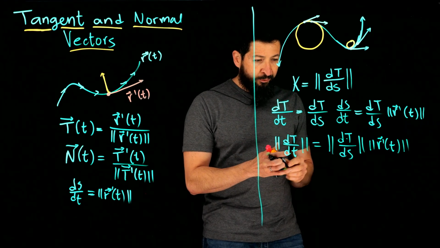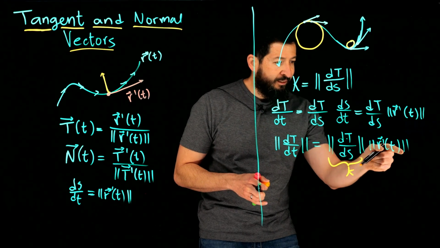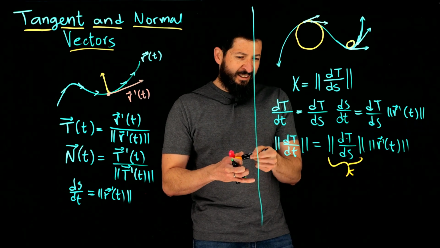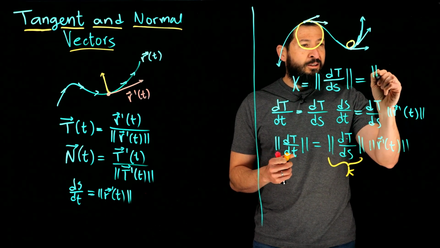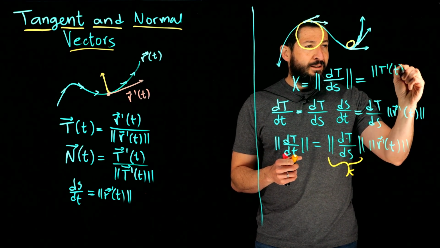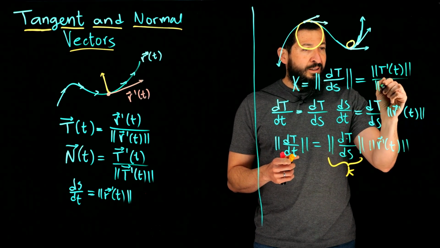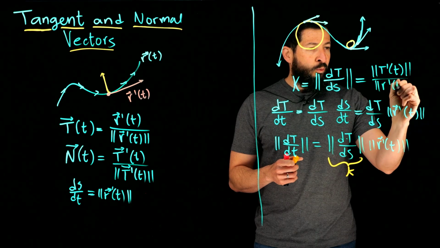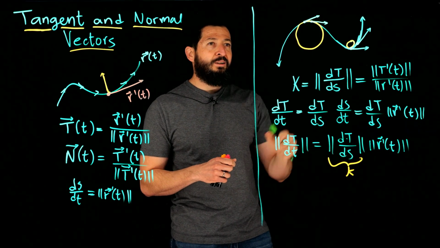This right here I'm going to replace with kappa, and I can divide both sides by the magnitude of r prime. This one is also known as T prime. So I can write my equation right here as kappa equals the magnitude of T prime of t divided by the magnitude of r prime. So this is already way more functional or more useful than what I had here as my definition.